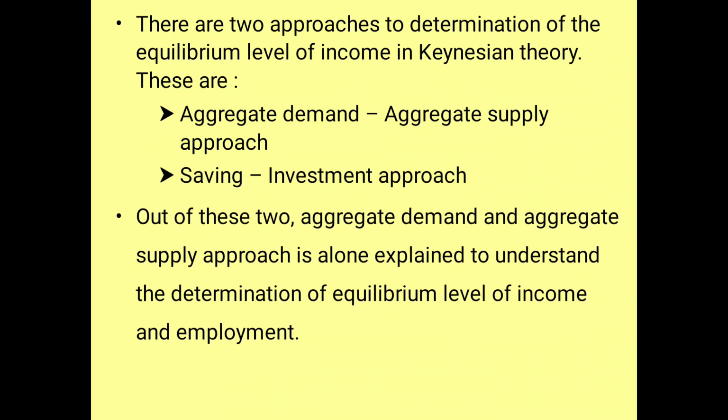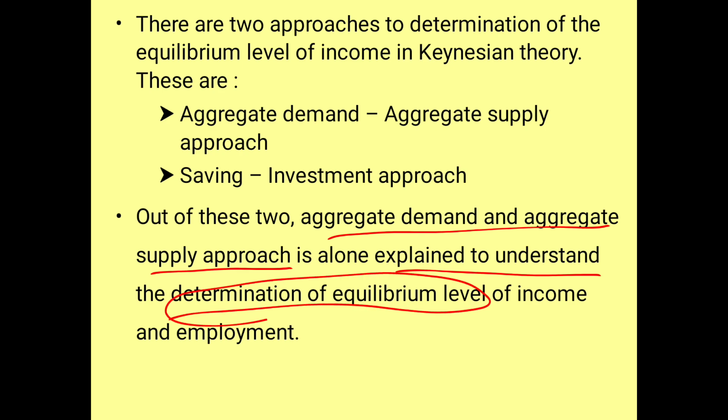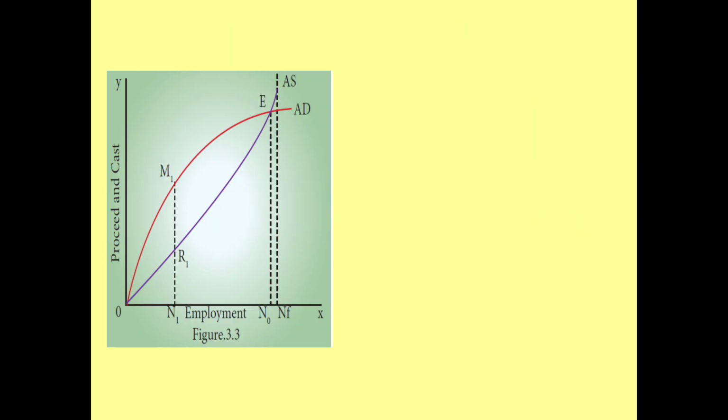Out of these two, only the aggregate demand and aggregate supply approach is explained to understand the determinants of equilibrium level. So in this particular part, 3.6.3, you can see only aggregate demand and aggregate supply being explained. Can you see this y-axis? The y-axis represents proceeds and cost, and here you can see employment.